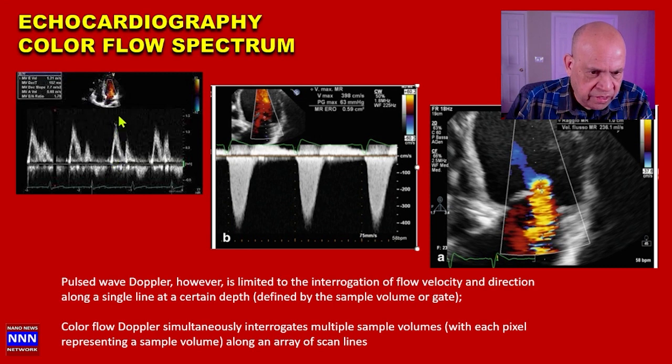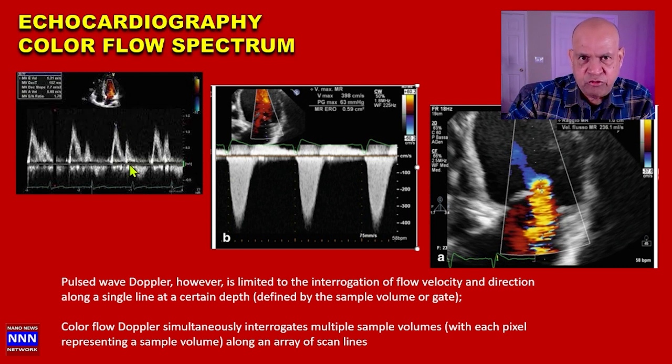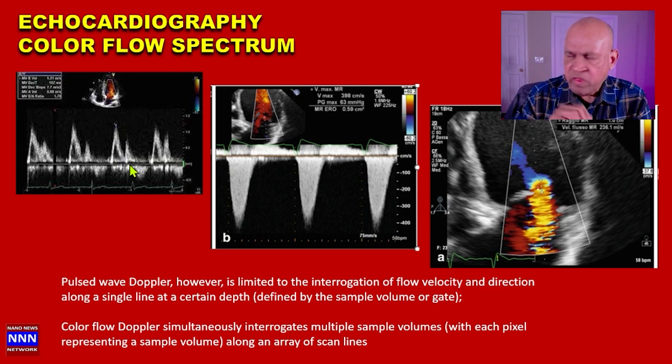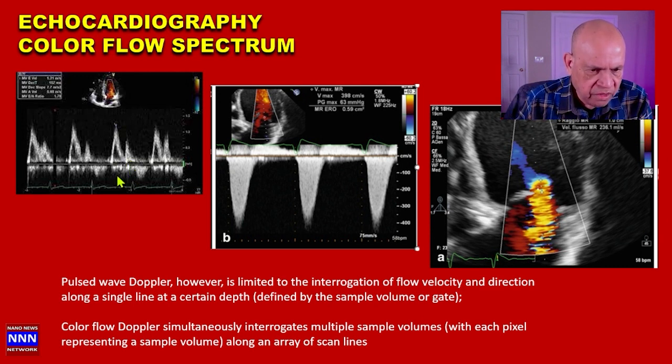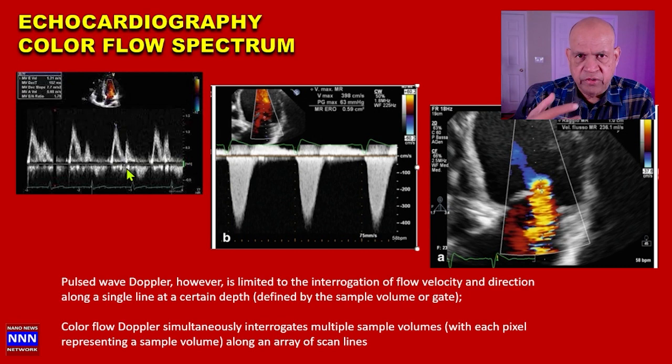The velocity increases and decreases, boosted with the atrial kick, and this is representing how fast the blood is moving across the heart valves. That's the velocity. And it also tells about the direction of the velocity, whether it is coming towards the transducer or going away from the transducer.